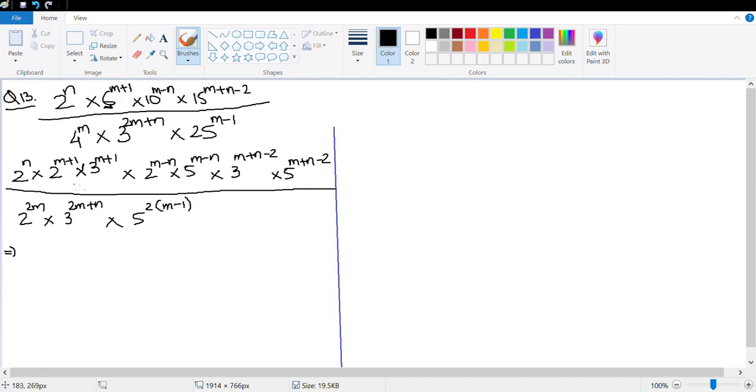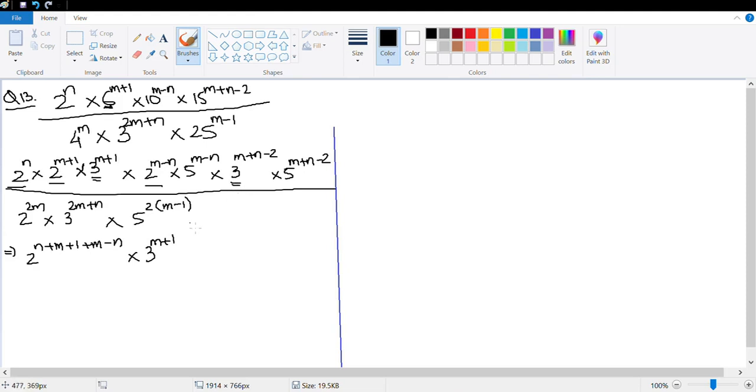Let's try and add all powers of m and n, of 2, 3 and 5. So this is 2 to the power n plus m plus 1, plus m minus n. That's it. In the numerator there's only this 2. In the 3 power m plus 1, so 3 is gone.